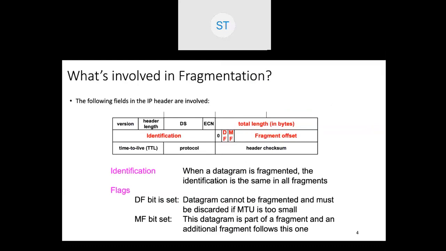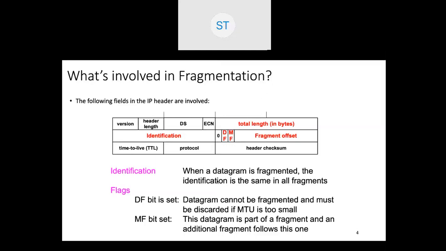Then how is this fragmentation identified at the destination, or how to reassemble this? For that, you need some information, and that is provided by the IP header. Which IP header fields are involved in fragmentation? What you can see are the red marks. That is ID, because ID remains the same for all fragmented datagrams, so that the receiving end will understand.